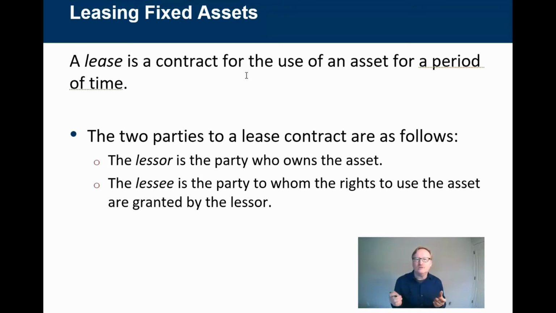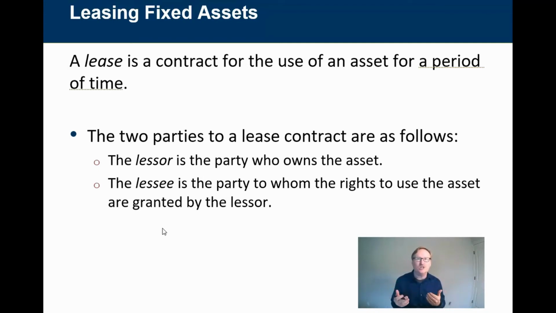The two parties to a lease are the lessor and the lessee. The lessor is the person who owns the asset, and the lessee is the party to whom the rights belong, the person who's going to be able to use that asset. As a lessee, I have this piece of equipment, or this building that I'm using in rent, or I've leased a piece of property, but the property doesn't belong to me.